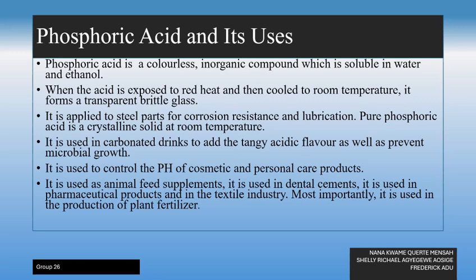It can also be found to be used as animal feed supplements, in dental cements, in pharmaceutical products, in textile industries, and most importantly, in the production of plant fertilizer. Fun fact, about 90% of phosphoric acid produced each year is mainly used in the fertilizer manufacturing industry.